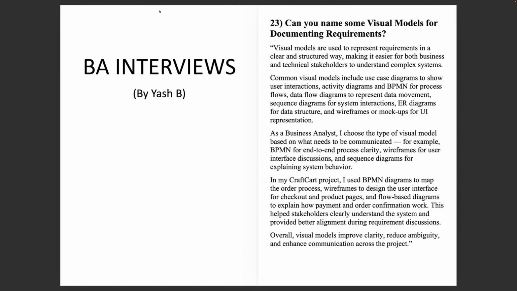I'll answer. Visual models are used to represent requirements in a clear and structured way, making it easier for both businesses and technical stakeholders to understand complex systems.